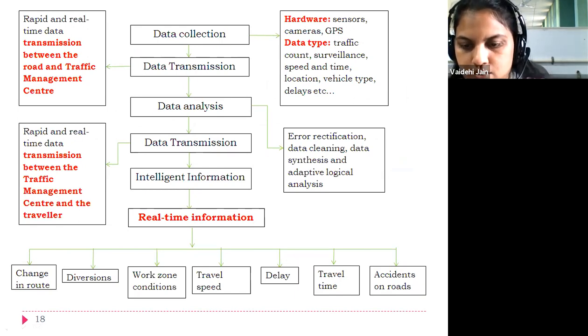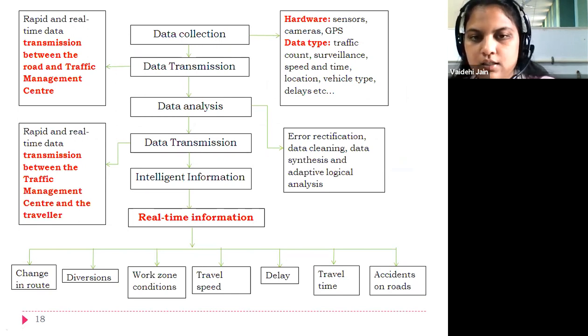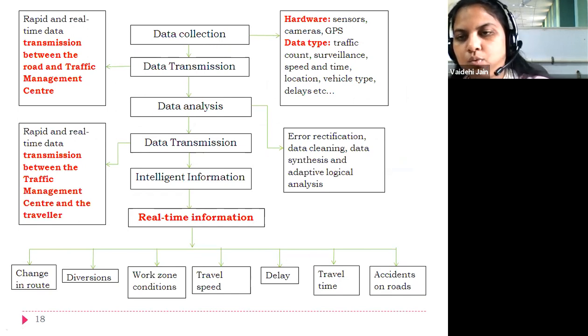Now the first step is data collection. Obviously, if you are going into any of these systems, the first thing is you need to collect the data. Now, what type of data?